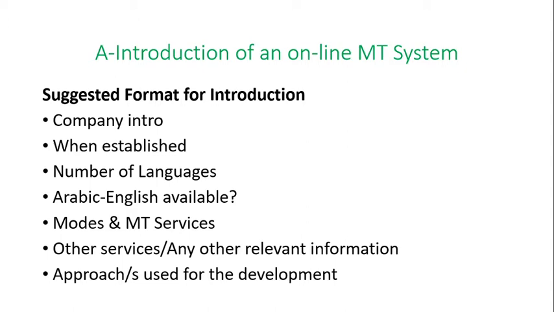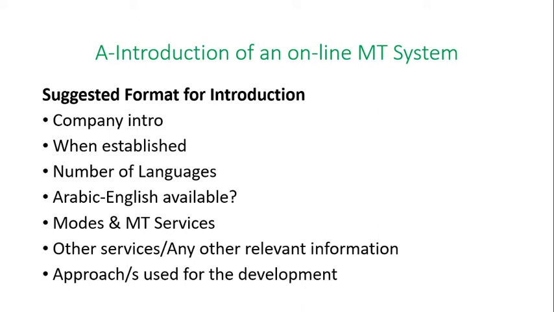These are suggested elements. You can include, of course, more information, more relevant things. So the number 1 is the company intro, or maybe when the company was established, or when the company started its work, in which area, and then that particular online translation system, when it was established, number of languages available on this system.